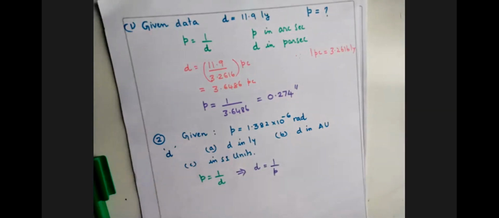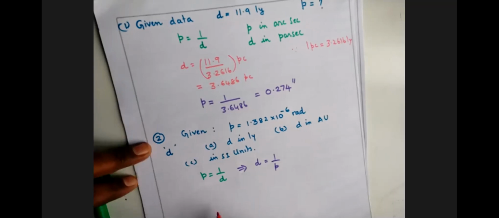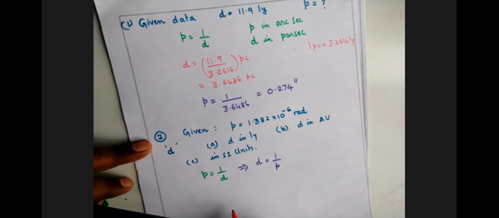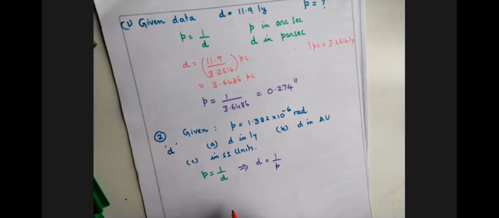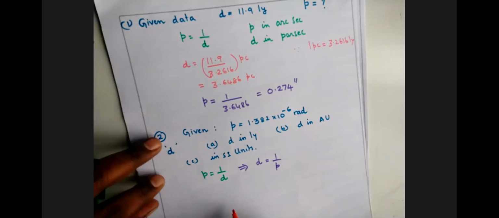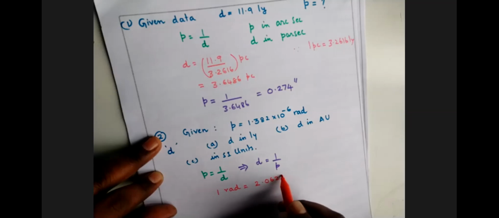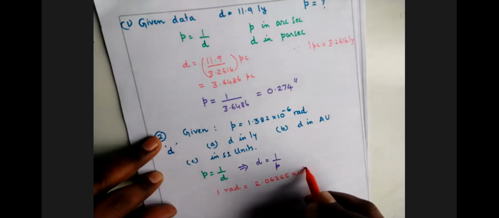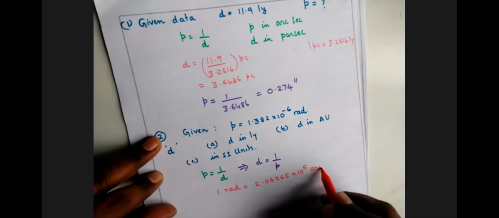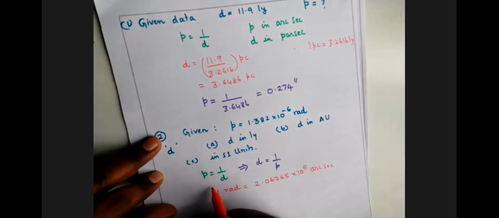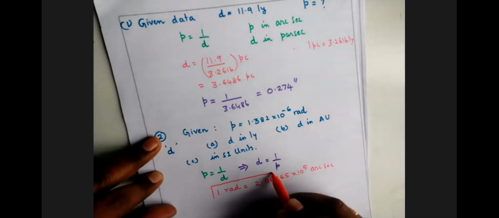That should be converted into arc seconds. The relation between radian and arc second is 1 radian is equal to 2.06265 × 10^5 arc seconds. So this is the relation to be used.